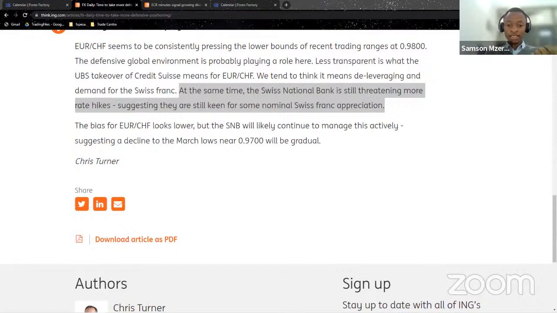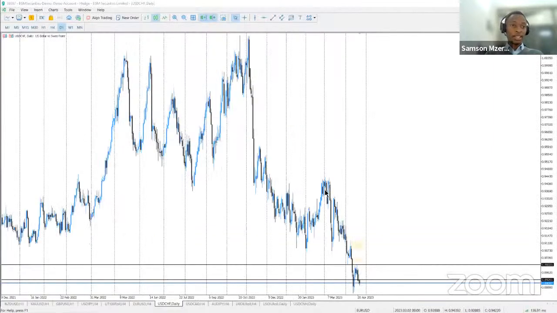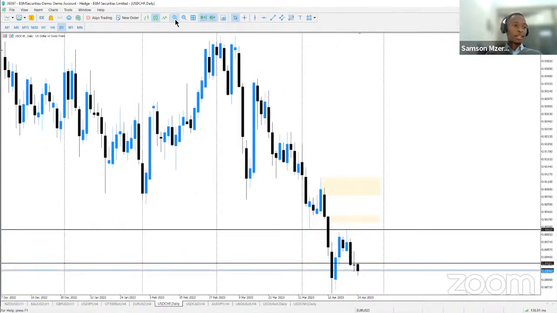A combination of that and the expectation that you're going to have a pause in the Fed is what is causing this downtrend that we're seeing on USD/CHF. So a good thing to do will be to look for a currency that looks like it's going to weaken, then pair it with Swiss franc, and look for opportunities to trade on that trend.